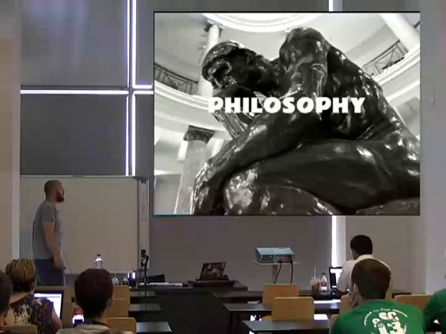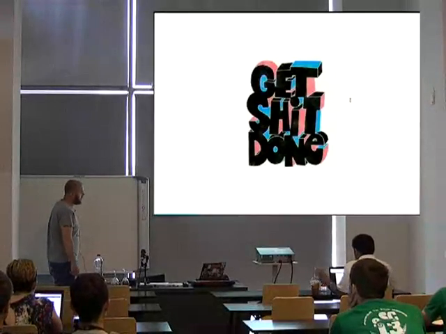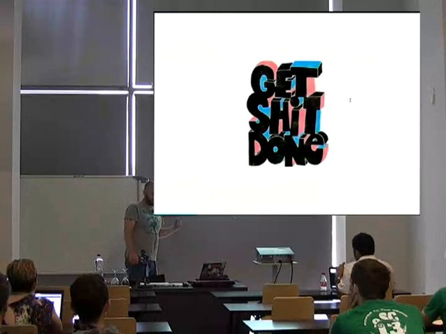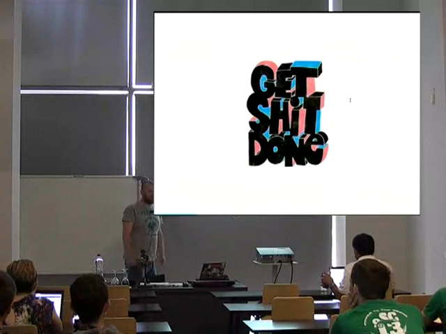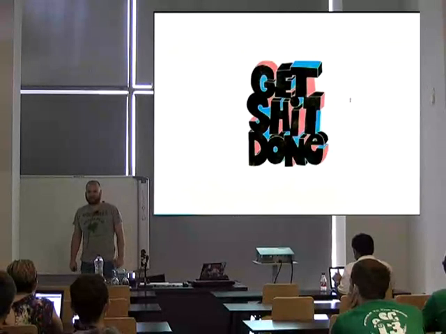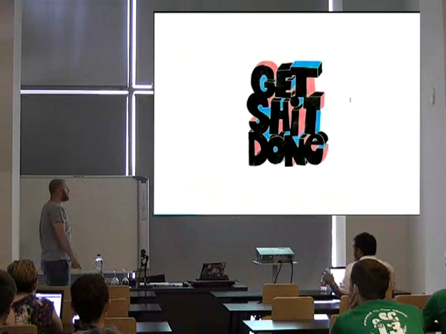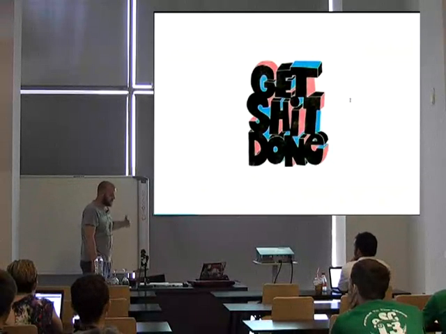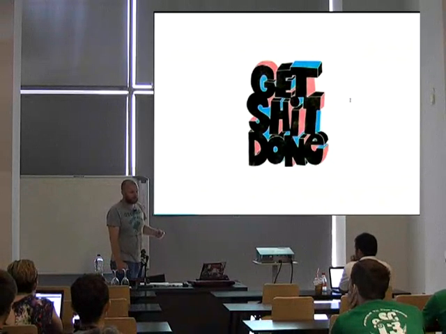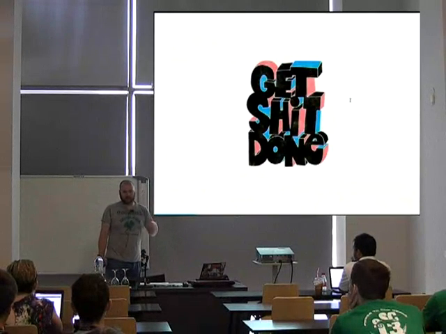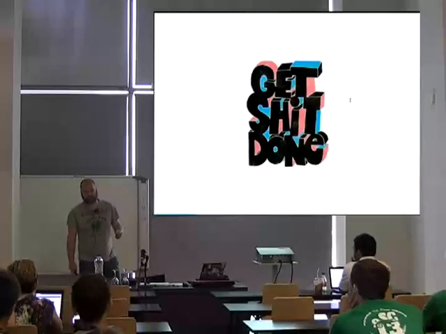So I think I'll explain a little bit what this is about. This is the philosophy of Rails. I like it because it's also my life philosophy. So Rails is about getting shit done. It's not about having it your way, it's about getting a web app fast.